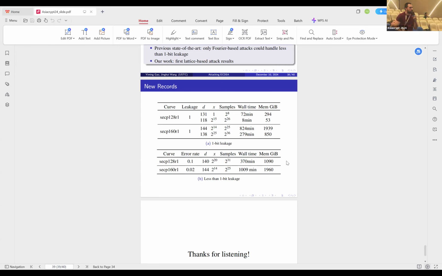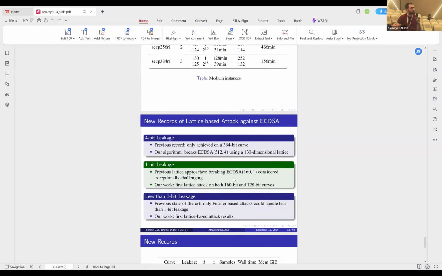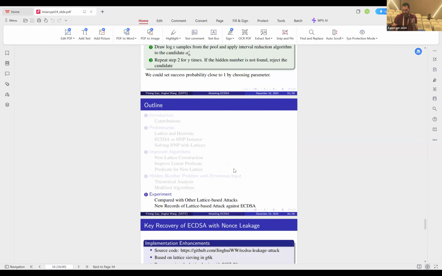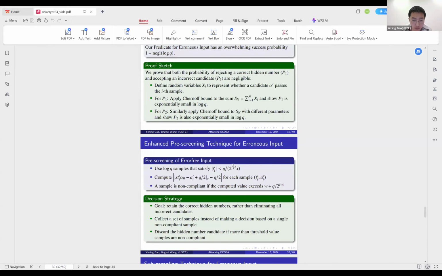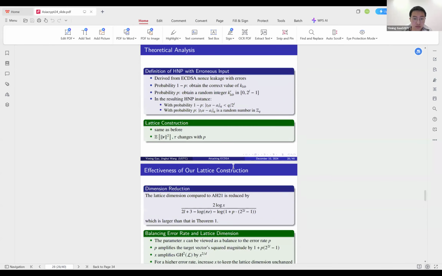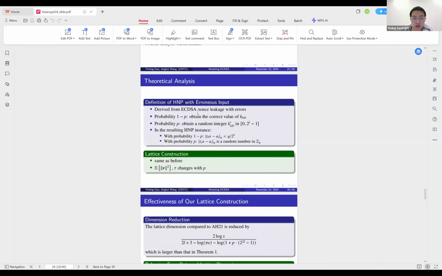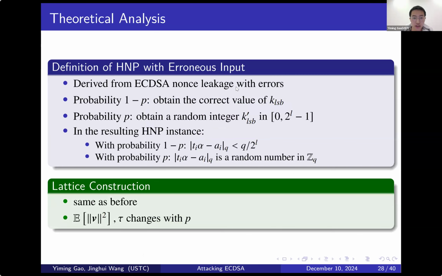Can you explain why the randomness model is how you defined it? Why is this the realistic model? We derive the definition of HNP with erroneous inputs from ECDSA nonce leakage with errors.